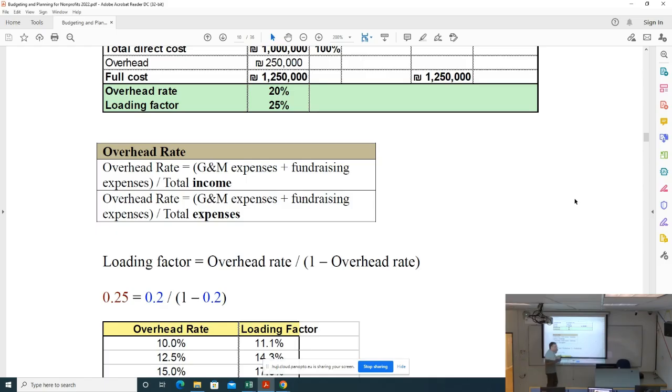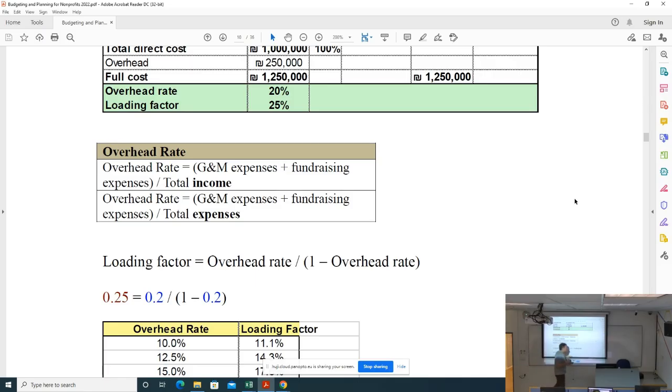Anyway, so if we want to use the direct apportionment, we need to know just one number, the loading factor, and that's it. We don't need to make this full calculation. The only thing we need to know is that the loading factor is 25%, and then we can add 25% to each direct budget.